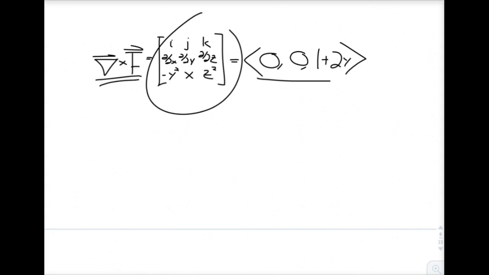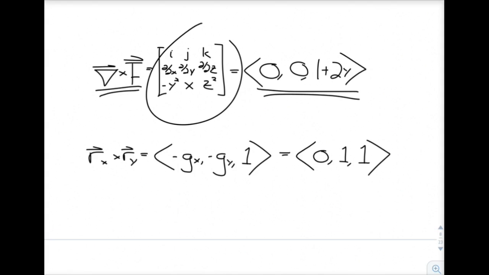And for this, I get the vector 0, 0, 1 plus 2y. Then I calculate Rx cross Ry. Again, that has a particularly simple presentation here. It's just negative gx, negative gy, 1, where these are the partial derivatives of g with respect to x and y, which gives me 0, 1, 1. Pretty simple.